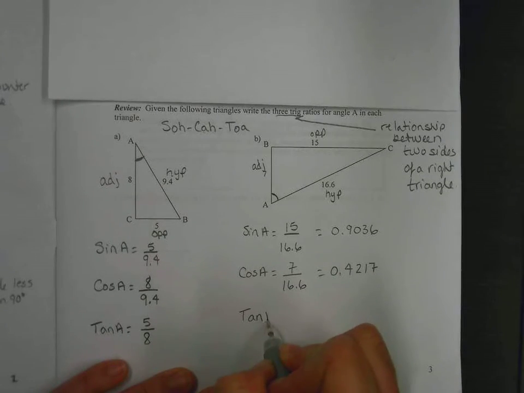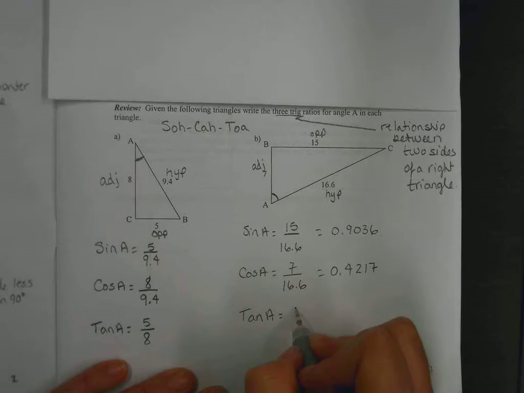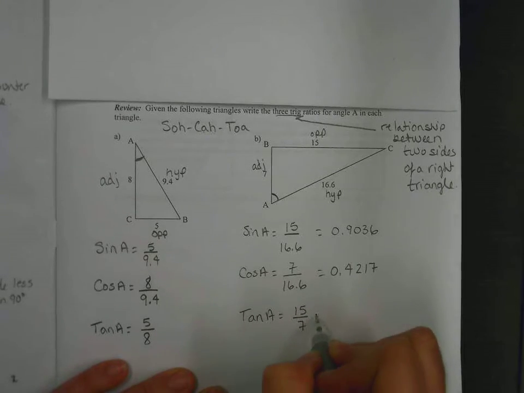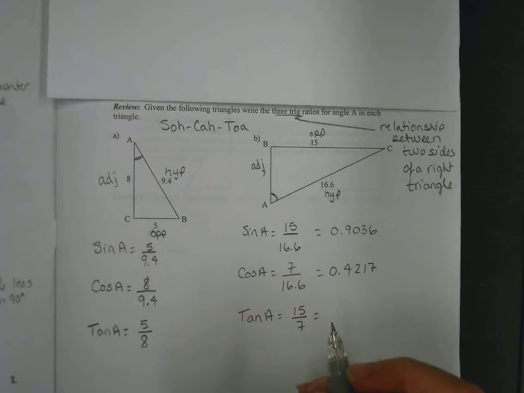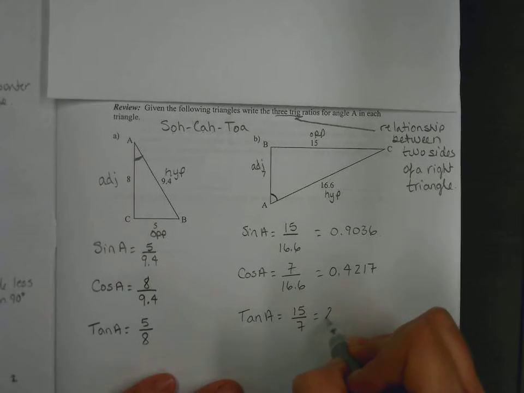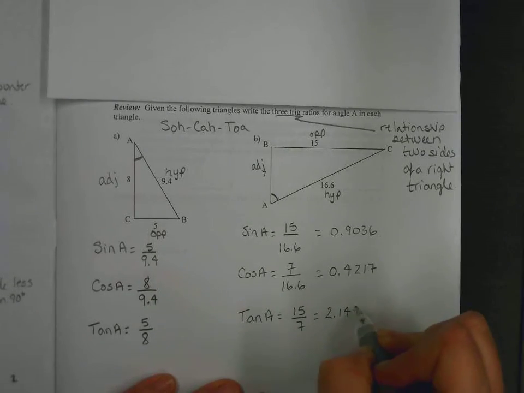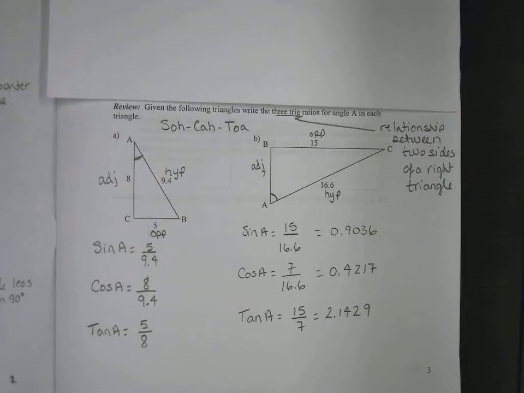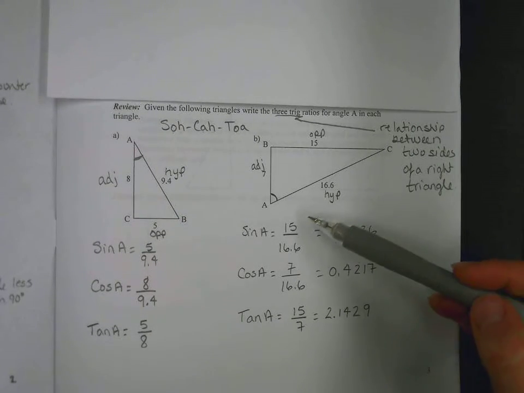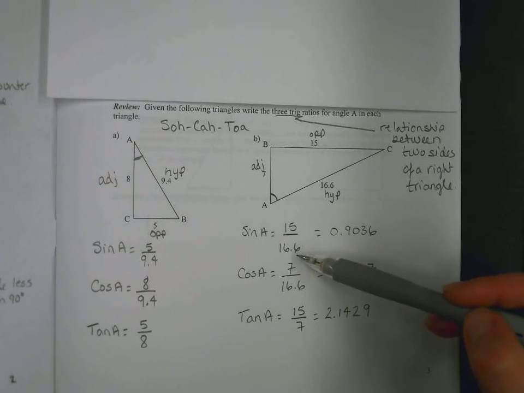And then our tangent ratio would be 15 over 7, opposite over adjacent, which would work out to a decimal of 2.1429 approximately.